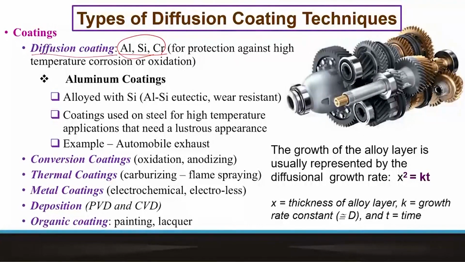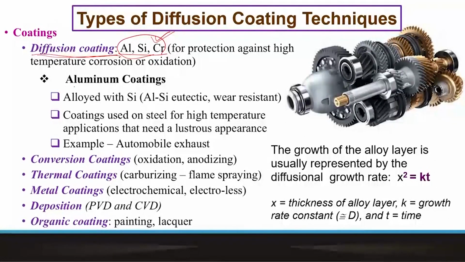So diffusion coating, as the name suggests, is a process of enrichment of the surface with regard to one of these elements, so that the surface is now alloyed with these elements, and when the component is exposed to high temperature or a fairly corrosive, aggressive environment, then depending on which of these elements are present in atomic form, these elements can react with oxygen and form an oxide layer.